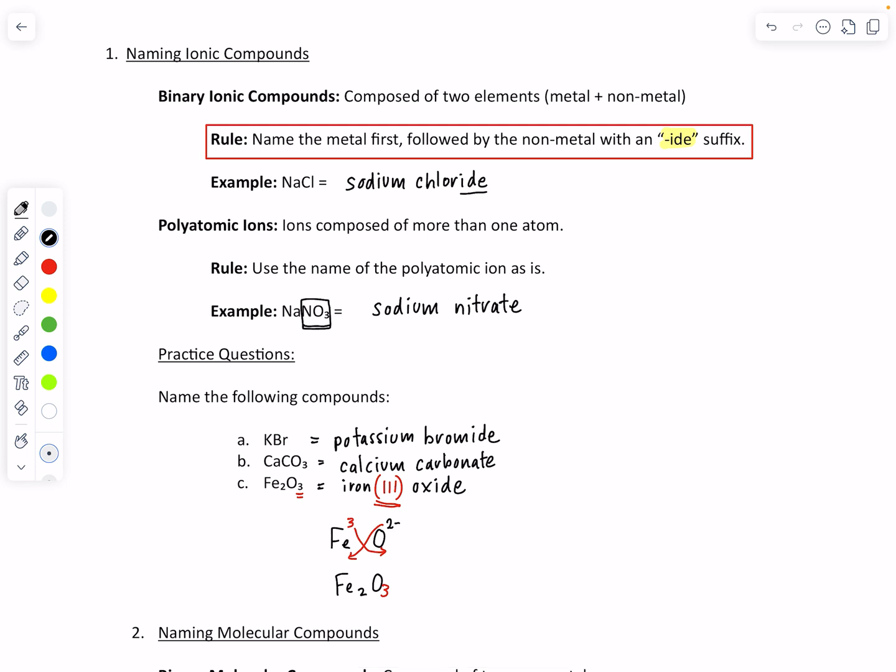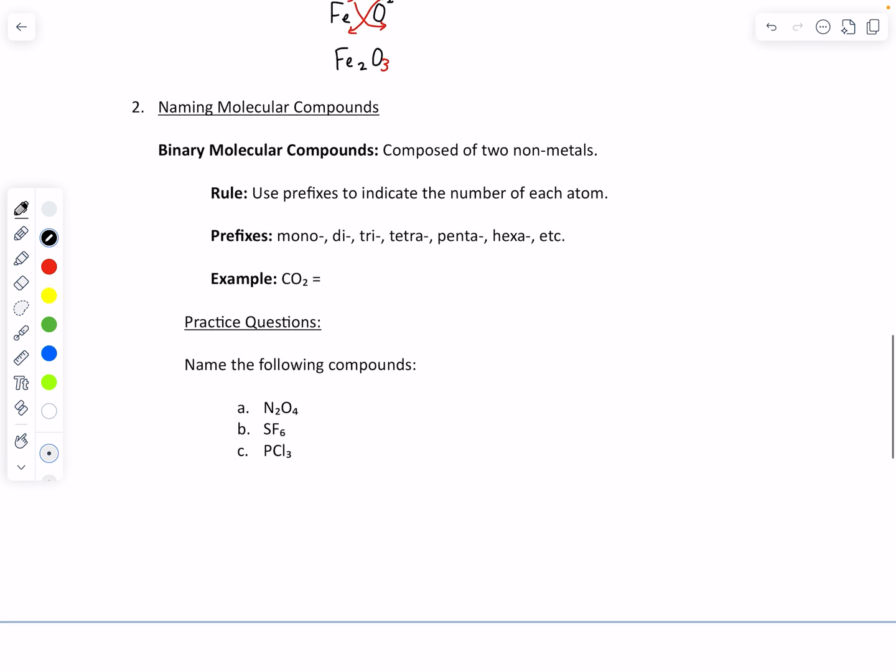So those are the rules for naming ionic compounds, both binary ionic compounds and those that contain polyatomic ions. Now let's look at naming molecular compounds. Binary molecular compounds are compounds composed of 2 nonmetals. The rule for naming molecular compounds tells us that we have to use prefixes to indicate the number of each atom.